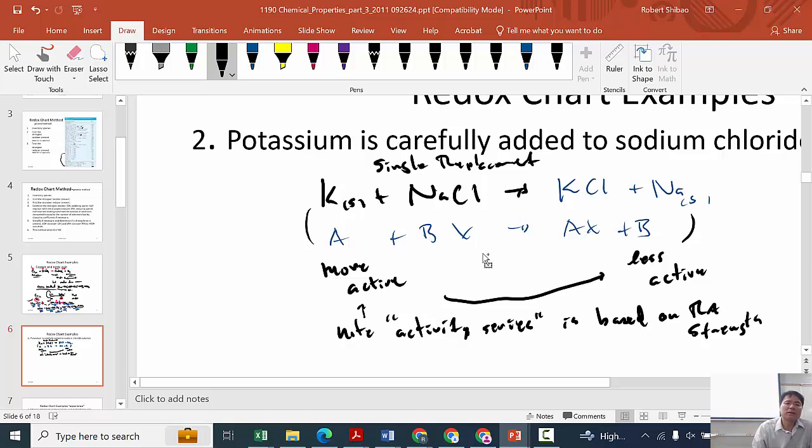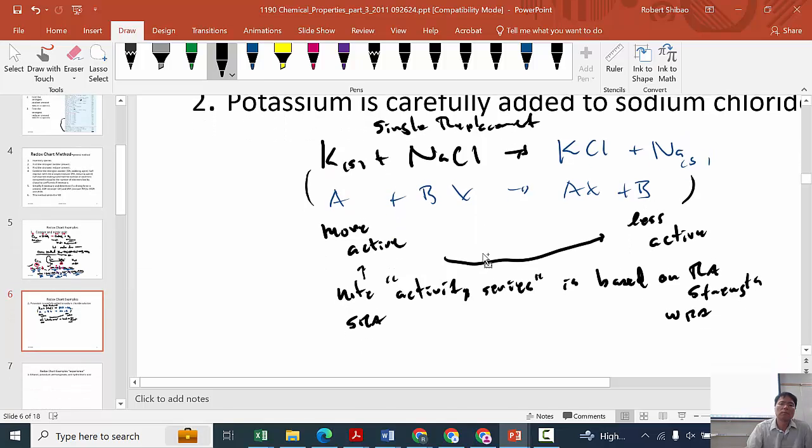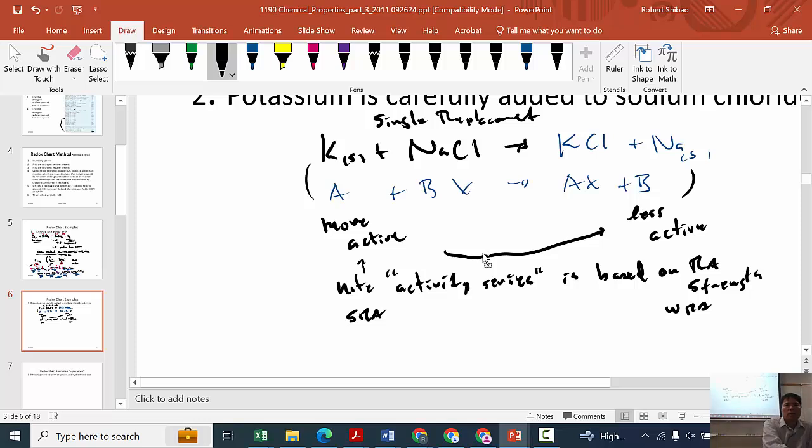So when we do this, we're going from a stronger reducing agent to a weaker reducing agent, sodium being the weaker reducing agent. Unfortunately, this is wrong. Even though we do predict this reaction, this is wrong.